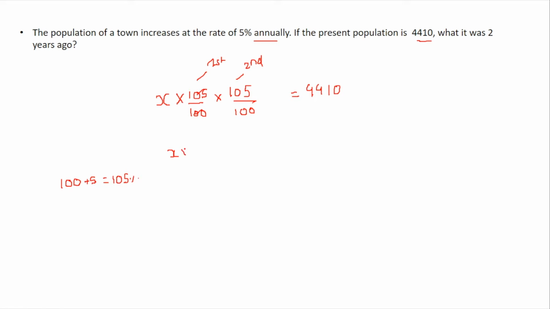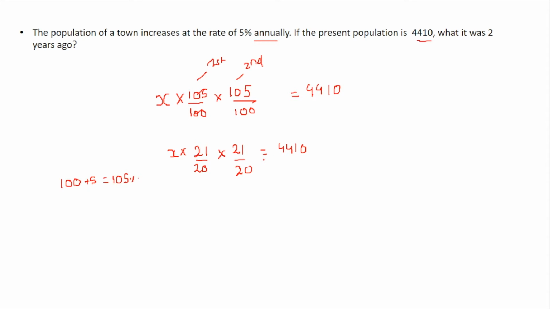So X into this comes out to be 21 over 20, 21 over 20, because 5 into 21 is 105, and below it comes out to be 20, and this is equivalent to 4410.